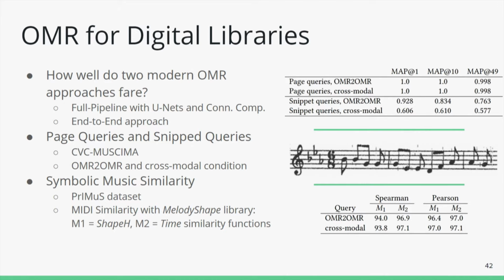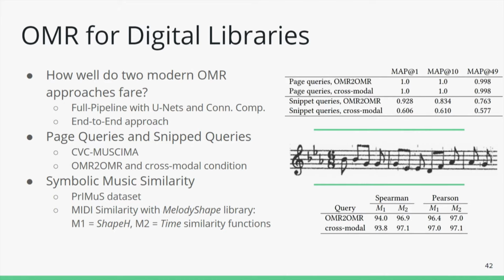We imagine that you get a ranked list of results, and a human would stop when the first non-duplicate shows up. If you just want to retrieve one duplicate, that would be MAP at 1. If you want to get 10 duplicates, MAP at 10, and 49 would be give me all duplicates.